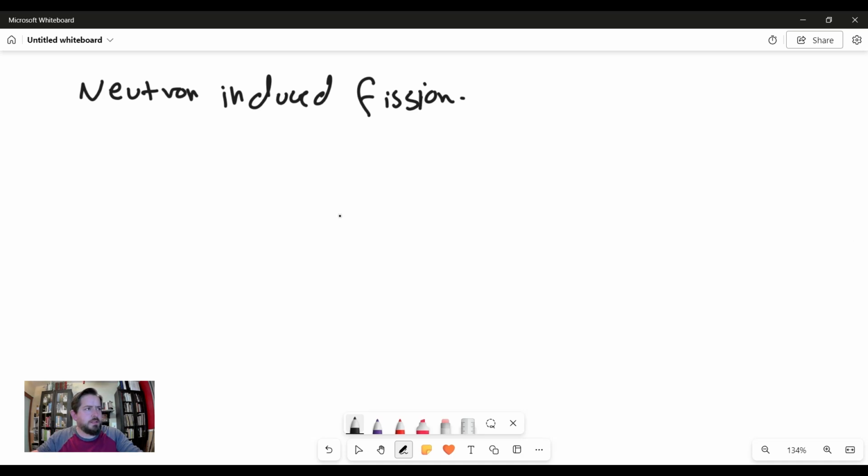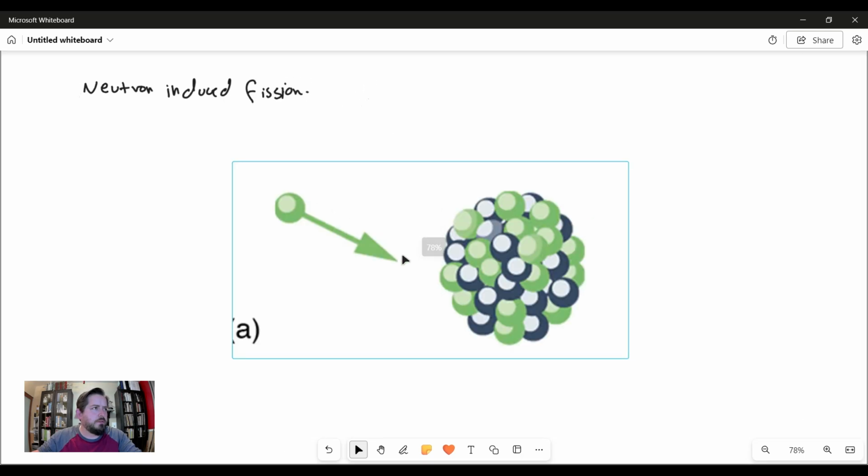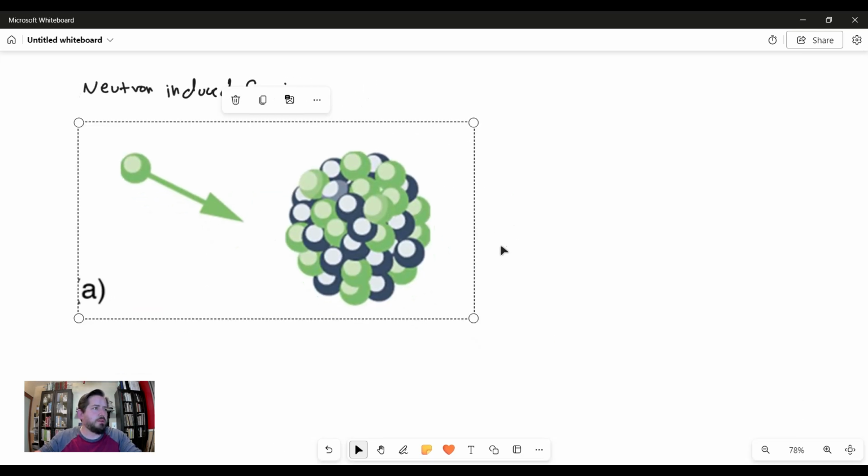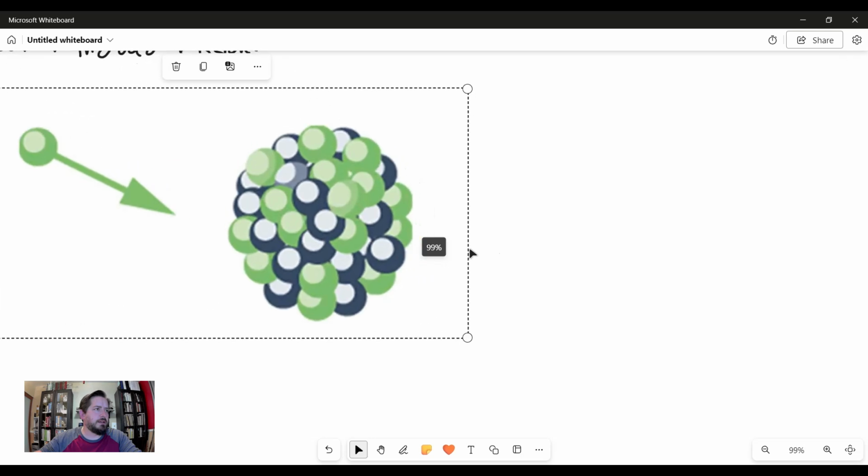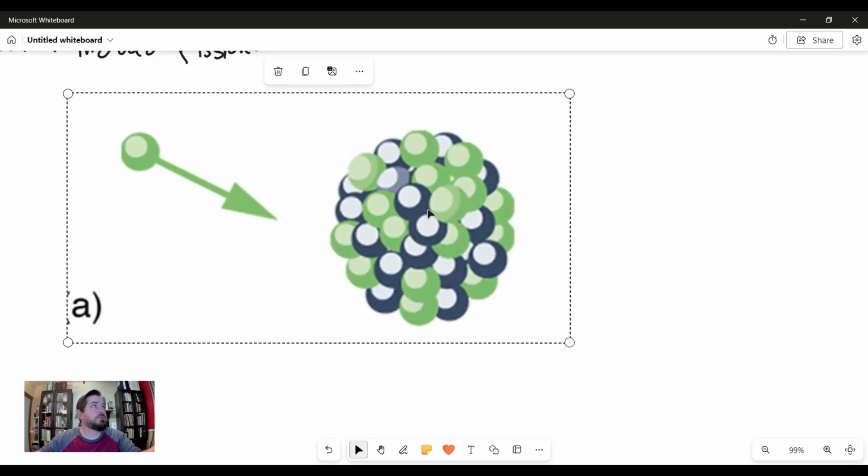We're going to have this neutron come barreling at a nucleus. And the neutron has no problem coming into contact with that nucleus because the neutron, being neutral, is not repelled by the Coulomb force.